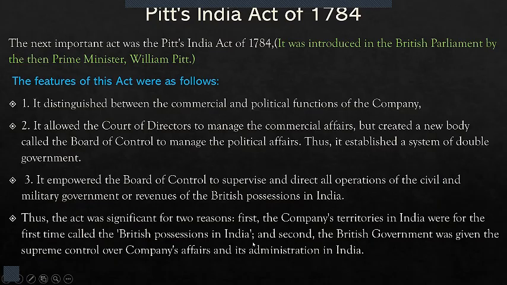And the second was that the British government was given the supreme control over the company's affairs and administration in India. So from this act, the British government had supreme control over the East India Company's affairs and administration of India. Okay, so let's see the next.